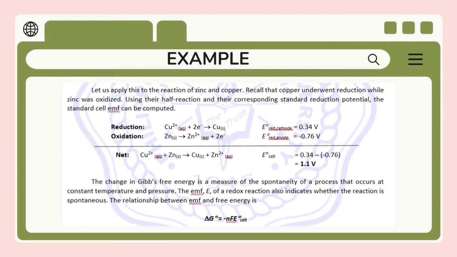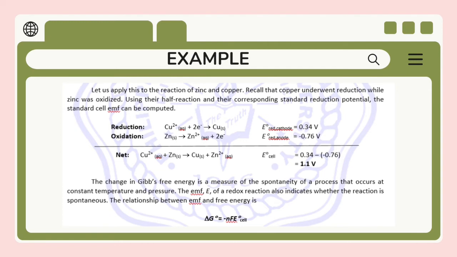The change in the Gibbs free energy is a measure of the spontaneity of a process that occurs at constant temperature and pressure. So the EMF, or the E, of a redox reaction also indicates whether the reaction is spontaneous. The relationship between EMF and free energy is delta G is equal to negative n F E cell.